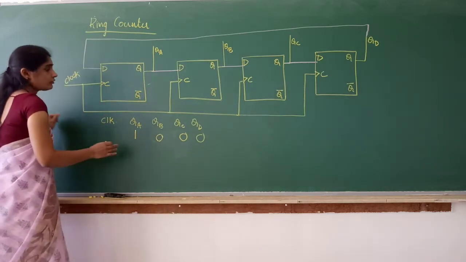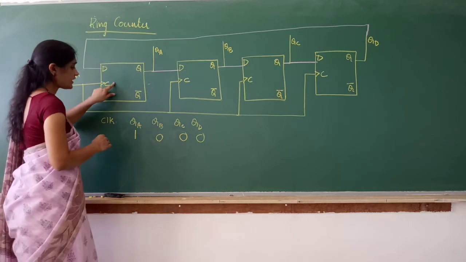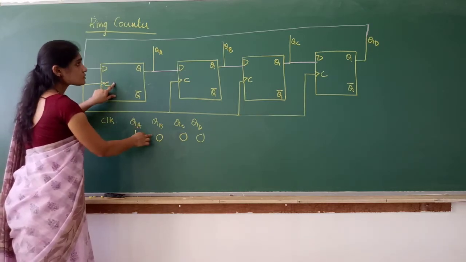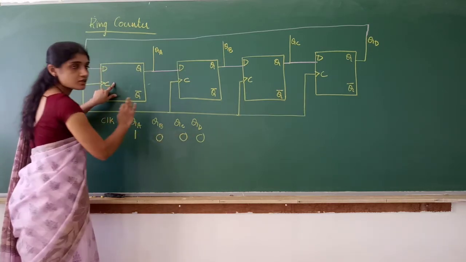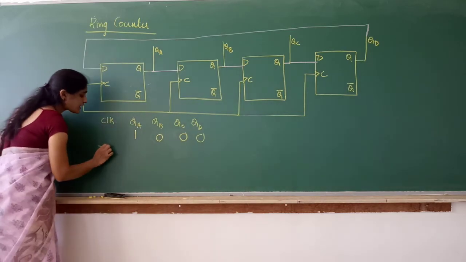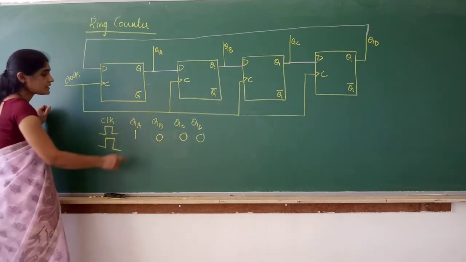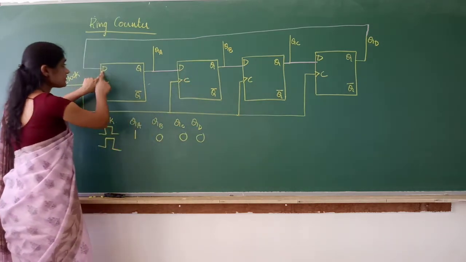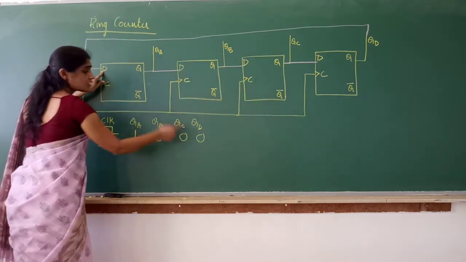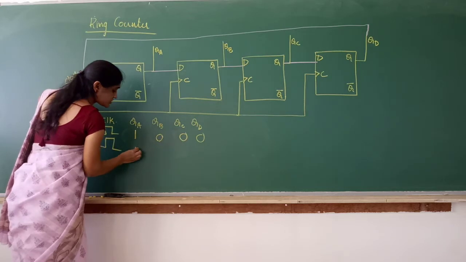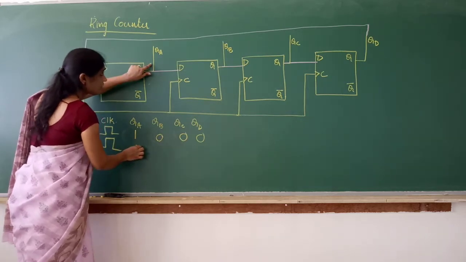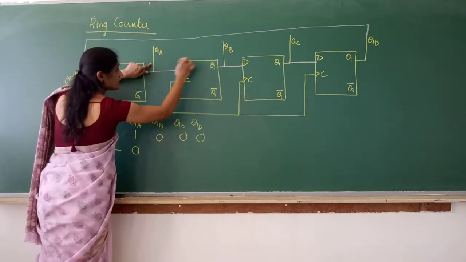Okay. Now we have initialized the counter. So here QA is 1, QB is 0, QC is 0, QD is 0. Okay. So upon the occurrence of the next clock pulse, what happens? What is the input for the first D flip-flop? QD. What do we have at QD? 0. So 0 will come as QA. What is QB? QA will be QB.